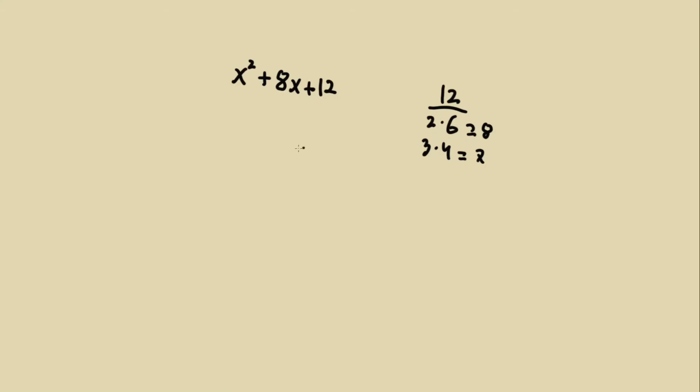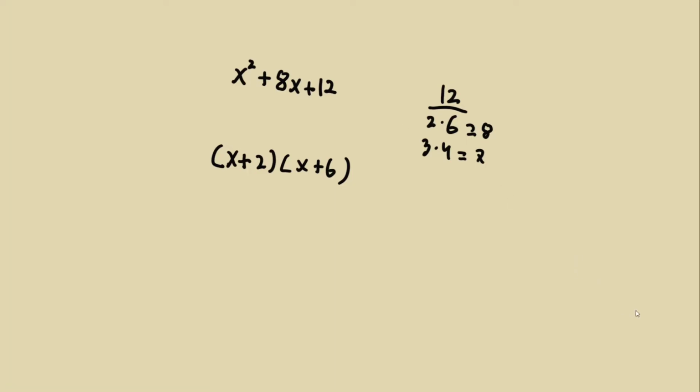So now we can write this as two binomials multiplied by each other, which is x, this always will be x, it won't ever change, plus 2 times x plus 6. And you can try it, and you will get this result right here.